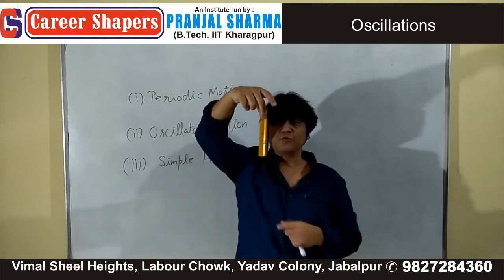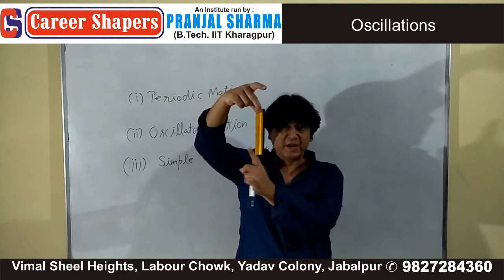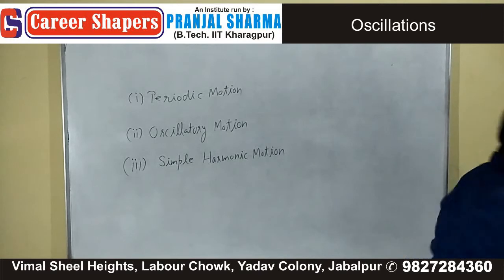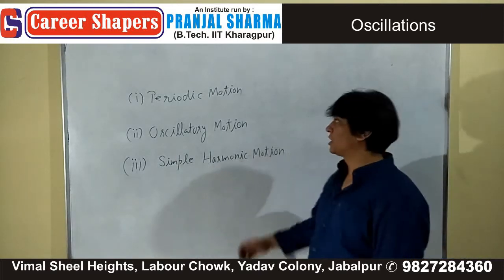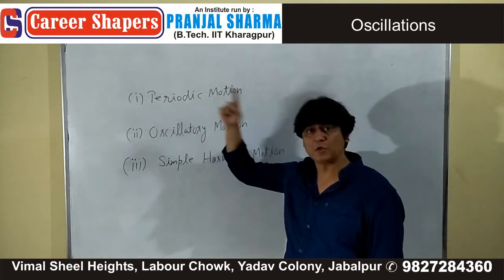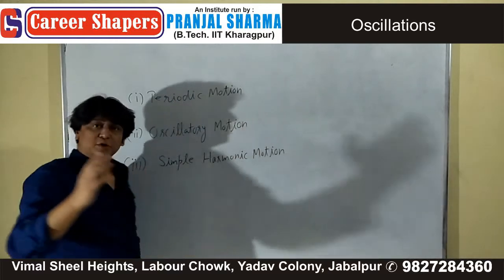If you look at this duster, you can see that it is repeating its motion again and again. So a simple pendulum or a compound pendulum, their motions are also periodic.